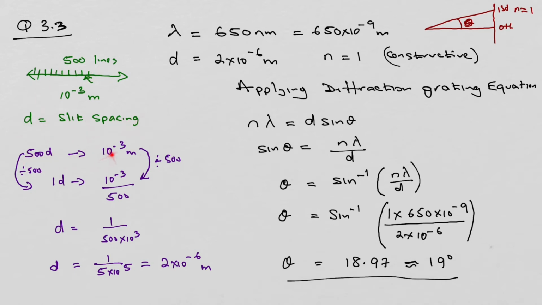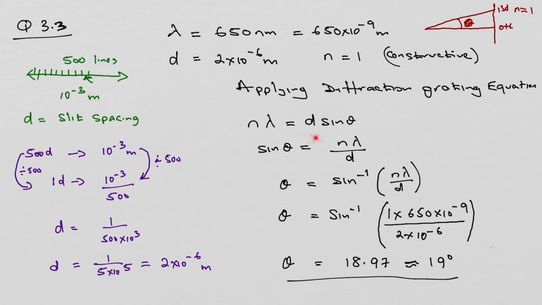We've got 500 d that fit into 1,000th, so we divide by 500 to get the distance of 1d. Therefore, d is 1 over 500 times 10 to the power 3, which gives 2 times 10 to the power minus 6 meter. So that's our d, the slit spacing.